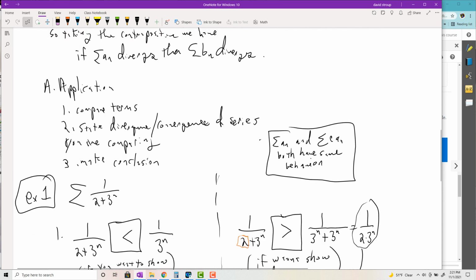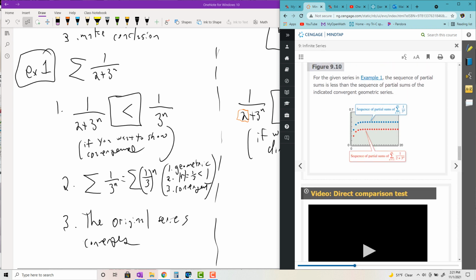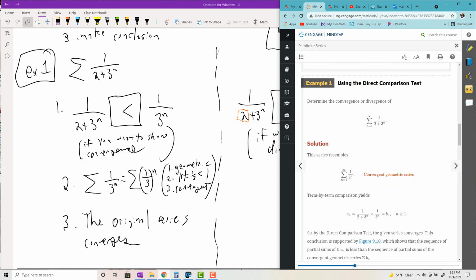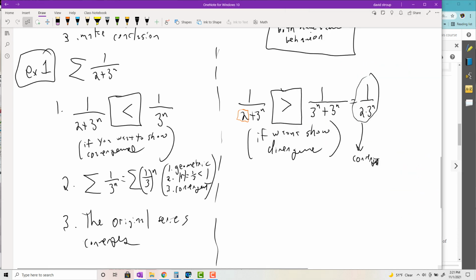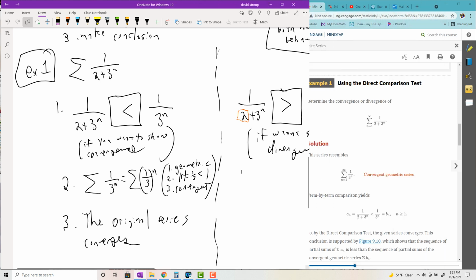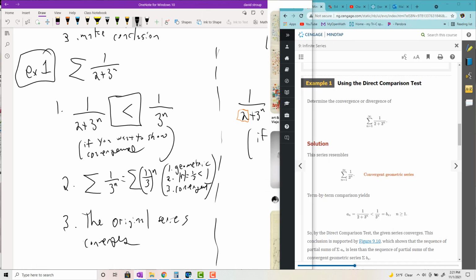I kind of disregarded where the series begins. As long as it holds eventually, it's going to be okay. But if you want to be more technical, more careful, you're going to become a mathematician or something, you need to note these n values. Okay, so this inequality will be true for n greater than or equal to 1.